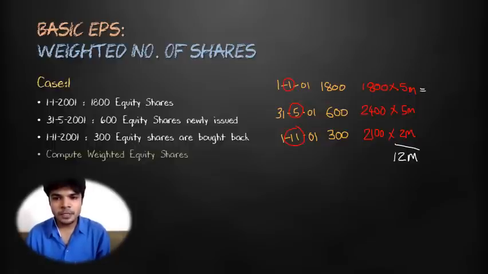So effectively speaking, 9,000 shares are weighted shares here, 12,000 weighted shares here, and 4,200 weighted shares here.